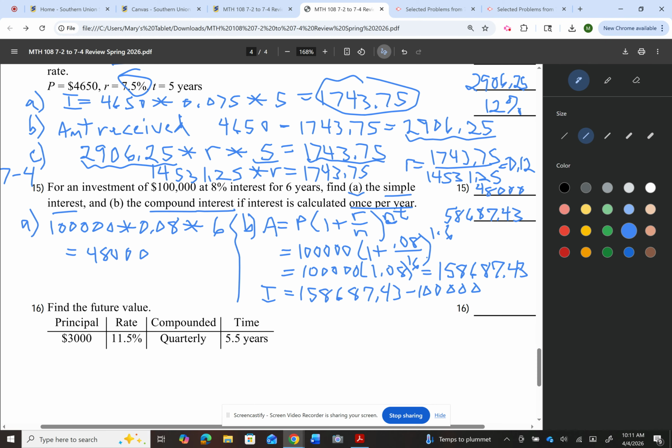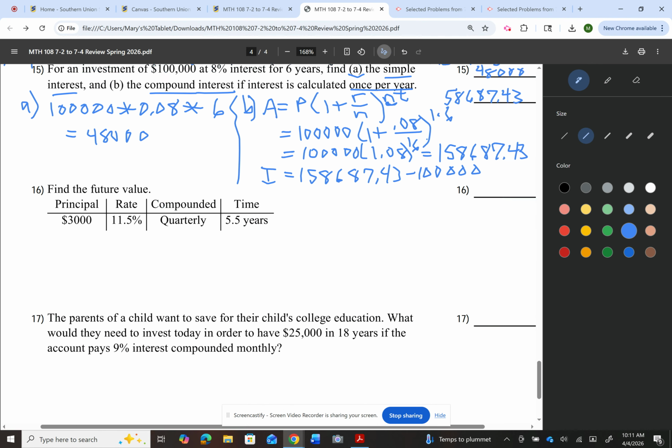All right, now here's another one from 7.4, compound interest. The principal, 3,000. Interest rate, 0.115. Quarterly means n equals 4. And then we're going to raise it to the 4 times the 5.5. It's good to multiply those two out.